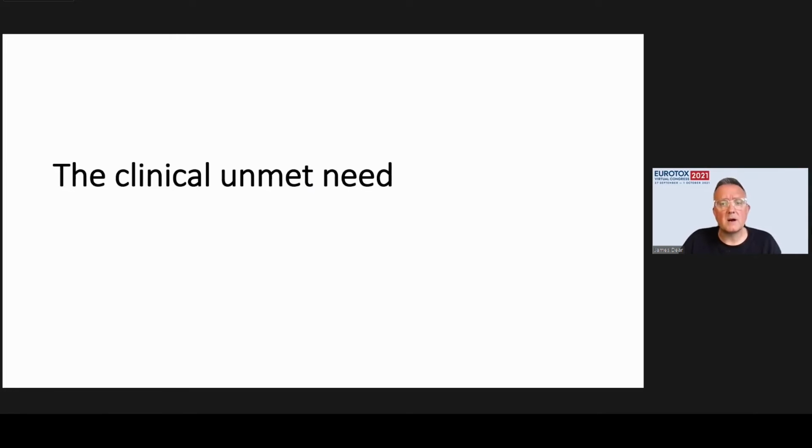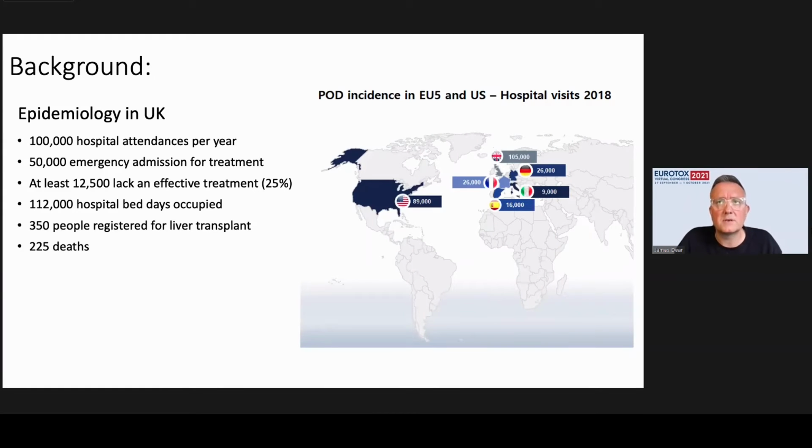So in terms of biomarkers, I think the starting point always is, what is the unmet clinical need? And for this, I'll talk a little bit about the frequency of paracetamol overdose. On this slide on the left, we've got the epidemiology in the UK. And on the right, we've got the number of paracetamol overdoses in various countries in Europe and the US. If we look to the right, what we see is that the UK has a much higher number of paracetamol overdoses than the other countries in Europe.